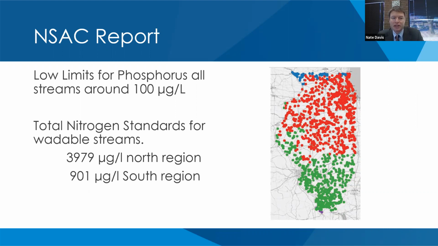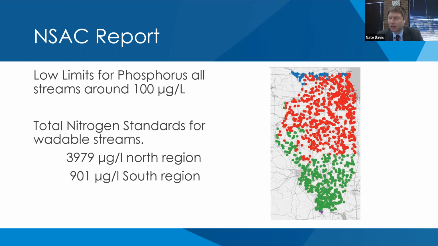And then they did recommend total nitrogen standards for streams that they considered wadeable. They didn't get really into detail on how they defined wadeable, but it'd be close to 4 milligrams per liter for the northern part of the state, and just around 1 for the southern part of the state.